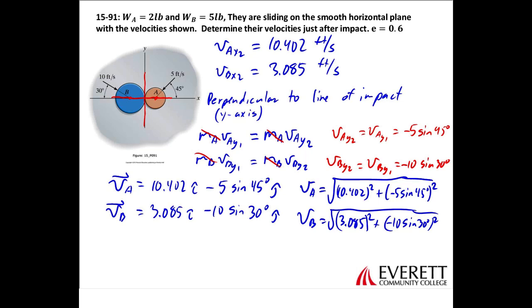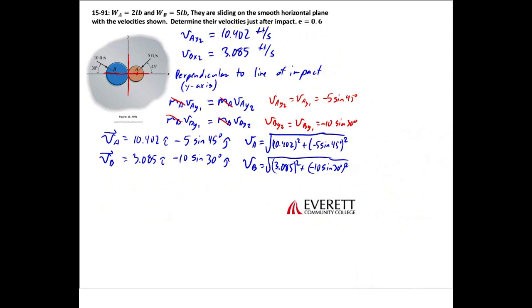Let me calculate that out real quick. We'll get the velocity of A equal to 11.0 feet per second, and the velocity of B equals 5.88 feet per second. That's the magnitudes.